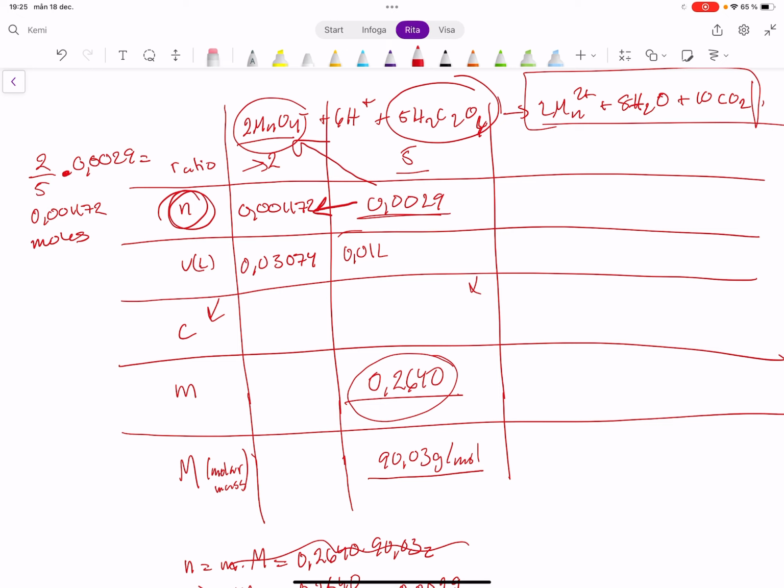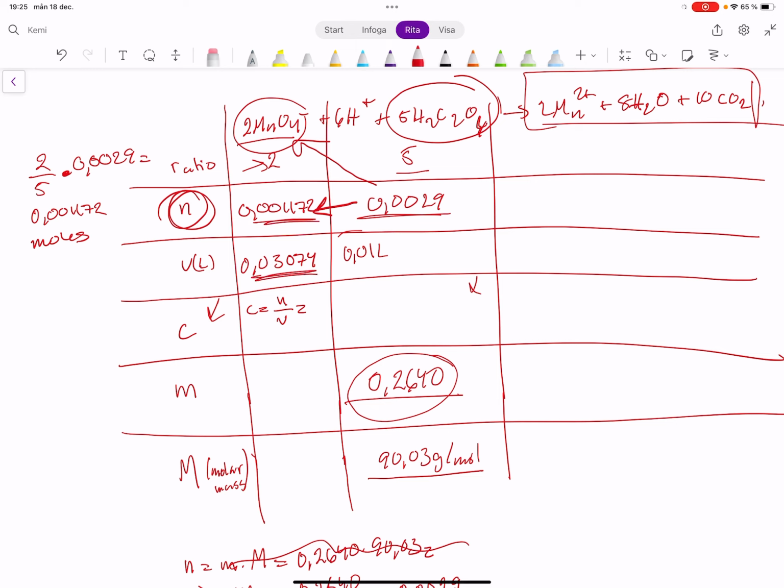It depends on what the question is really, because now that you have the amount of moles and the volume, you can calculate the concentration, which would be C equals n divided by V. n you know is this one, and V you know is this one.